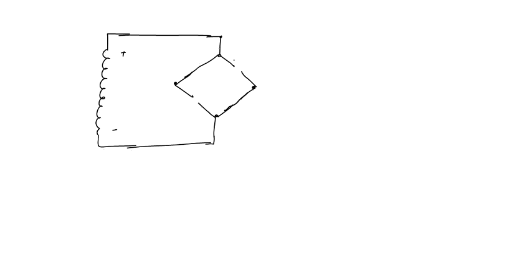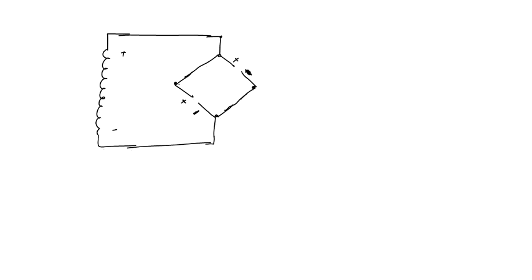If these two diodes are open circuit, it means they have a voltage across them like this, and a voltage like this across this diode.